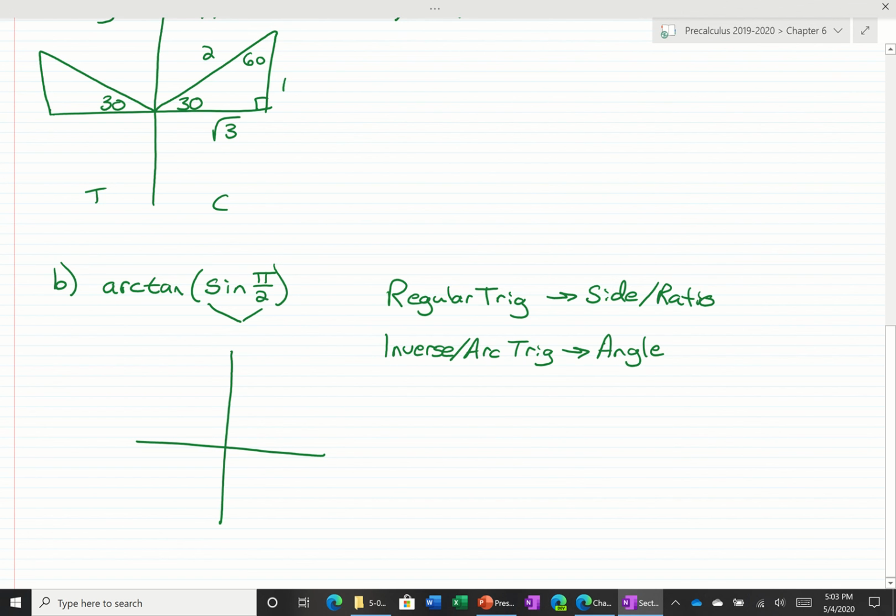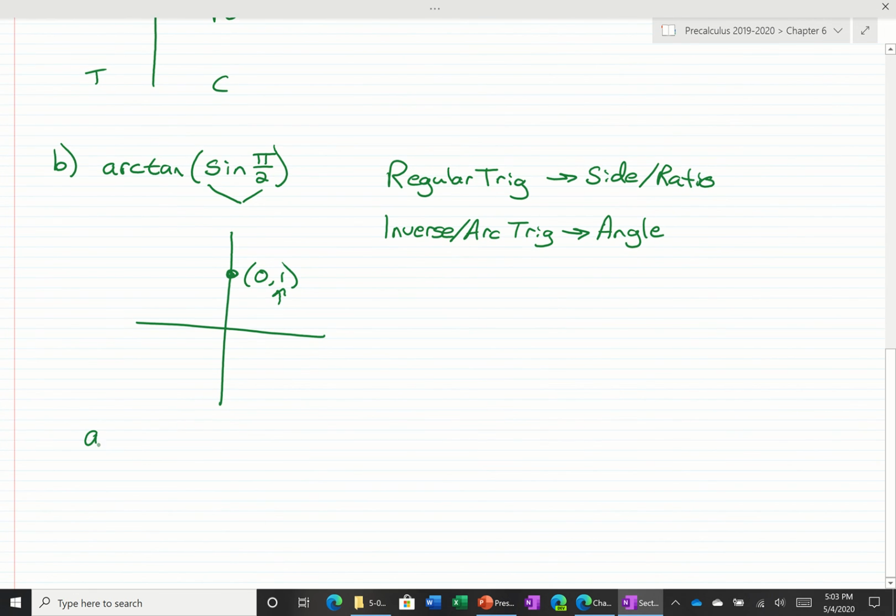So for this one, the sine of pi over 2, which is 90 degrees, sine is the y value, that would be 1. So this question is really asking you, what's the arc tangent of 1?